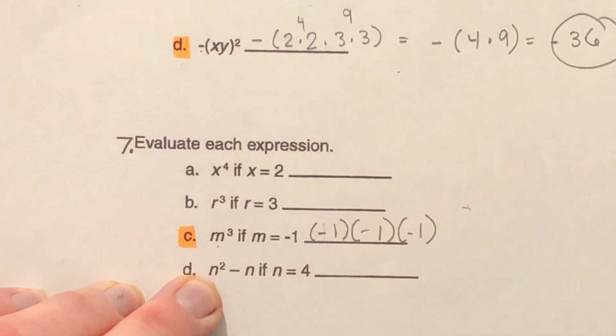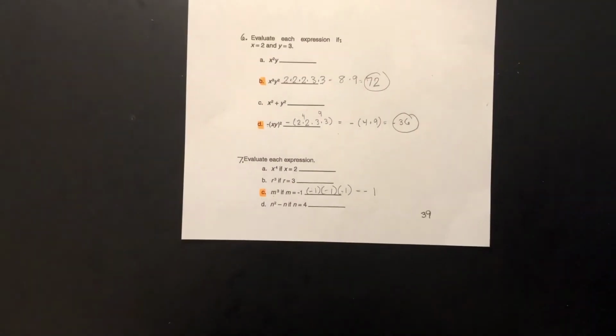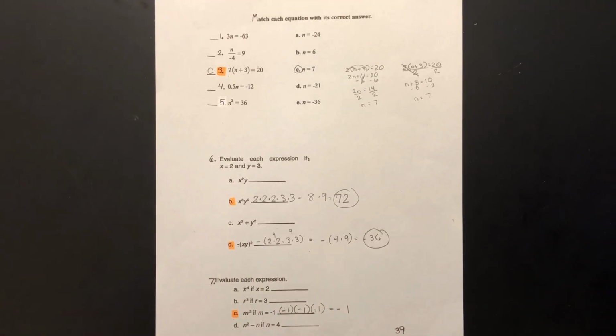So I've got 3 negatives, so I know my product's going to be negative. So I'm going to go ahead and put negative. Then I've got 1 times 1 times 1. The answer to number 3, to letter C, is a 1. Now you are free to do all the rest of it on your own.